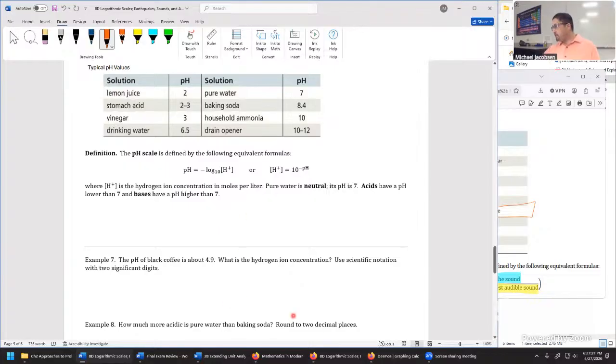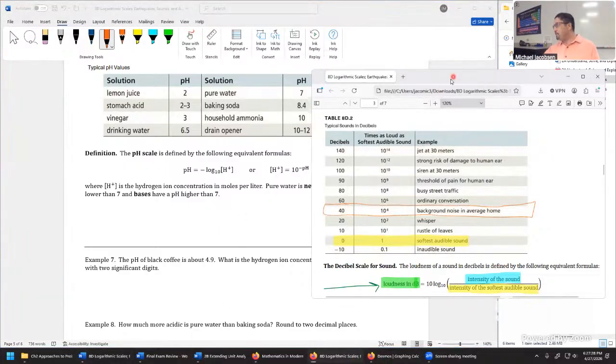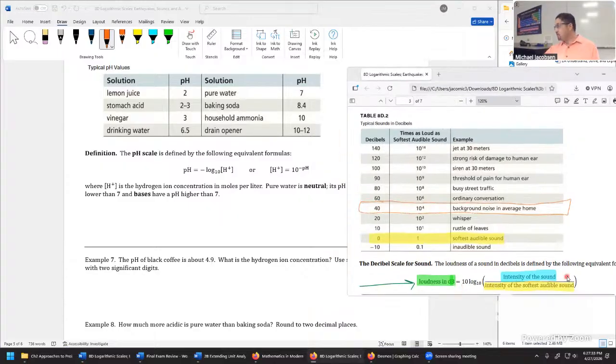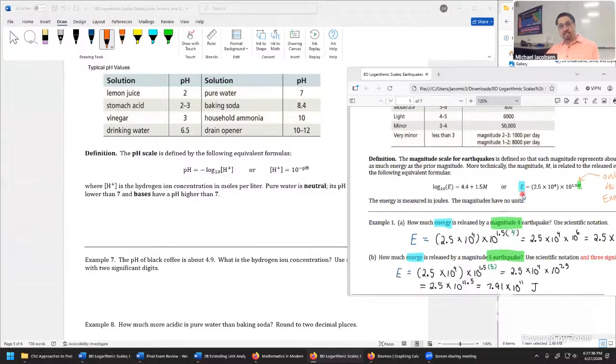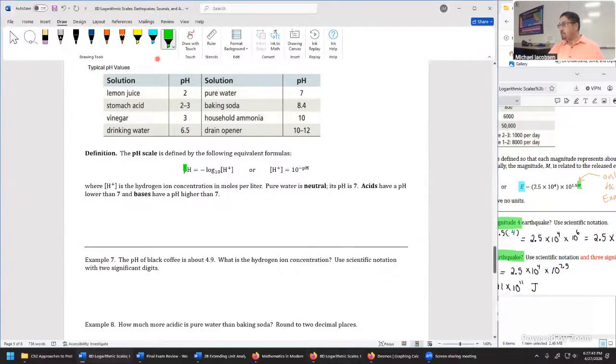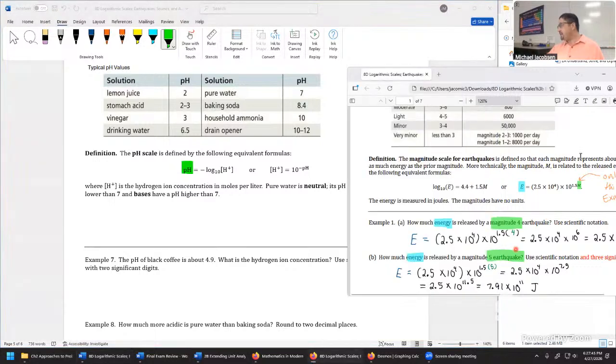Okay, well, let's relate this slightly to what we've done before. If we have problems like these, whether it's loudness or intensity of a sound, or going back even further, energy released in an earthquake or the magnitude of the earthquake, the idea is the pH is kind of like the magnitude or the decibels. So we're going to track that quantity in these two locations.